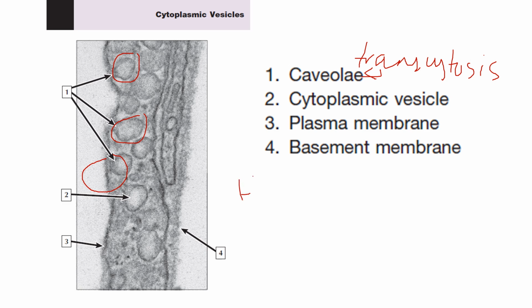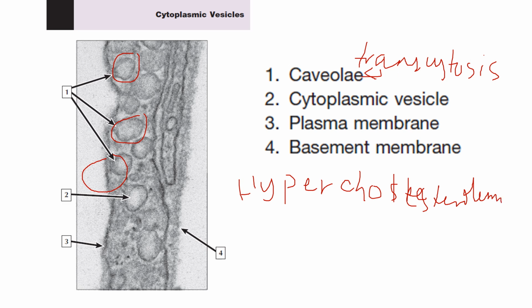Familial hypercholesterolemia is an autosomal dominant disorder caused by a mutation in a gene on chromosome 19. This gene encodes LDL receptors, which are the receptors for the so-called bad cholesterol.